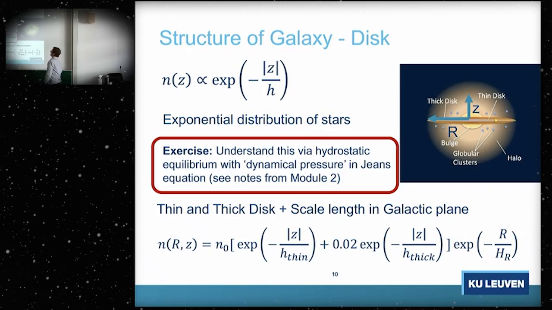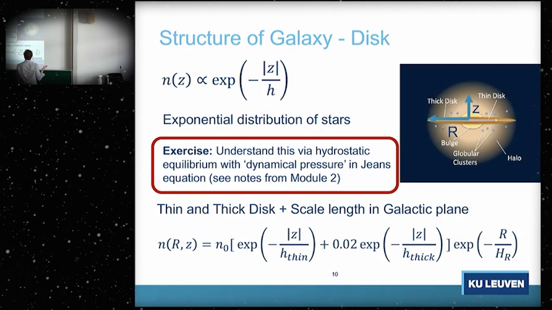So in general, these types of exponential distributions that we're dealing with, you can understand via considering hydrostatic equilibrium in the z direction, and associating your dynamical pressure in your Jeans equations, as we did in the last module. Remember we discussed this last week, yeah?